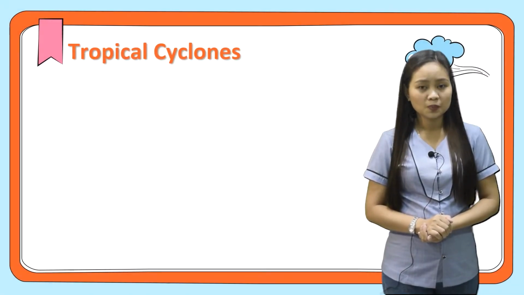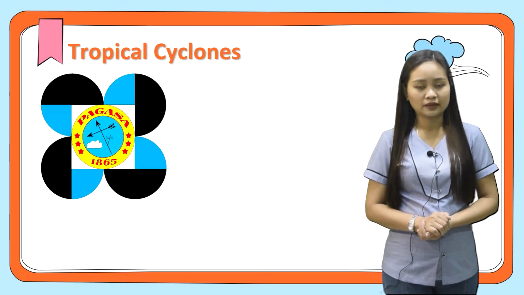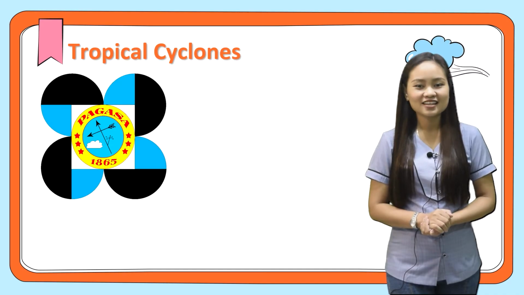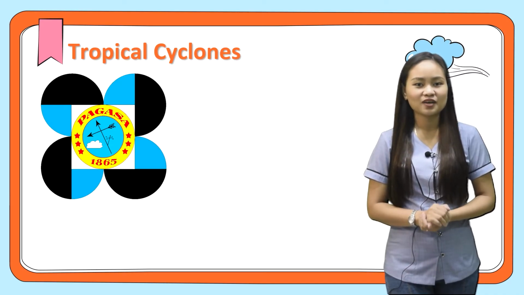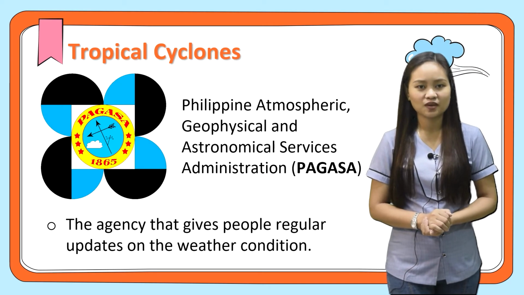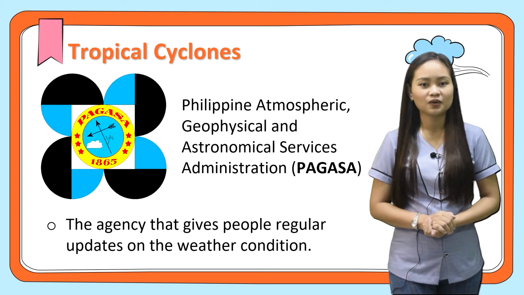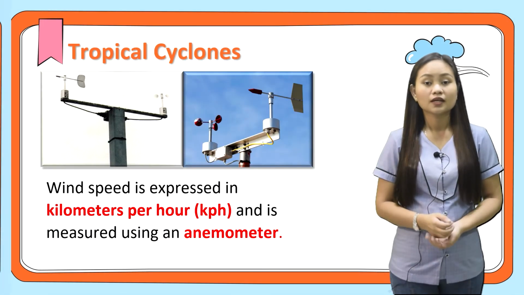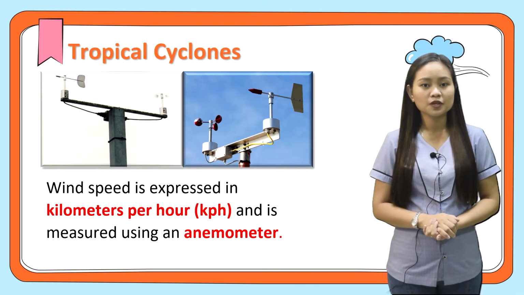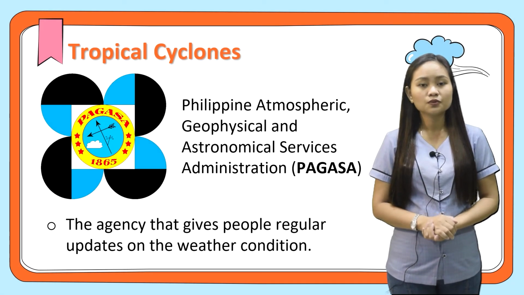The occurrence of tropical cyclones affects the environment. Hence, PAGASA closely observes any change in the atmosphere. The agency gives people regular updates on the weather condition. Typhoon signals warn people of the coming typhoon through their regular weather bulletins.